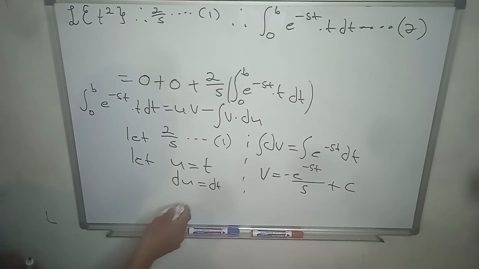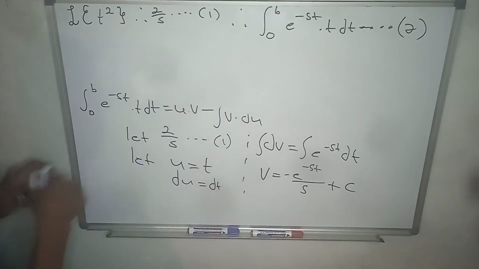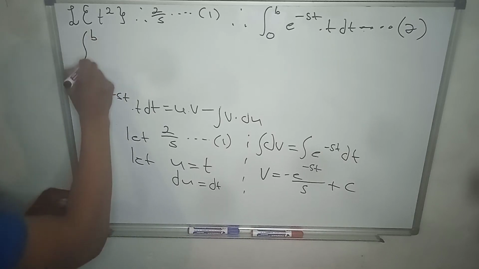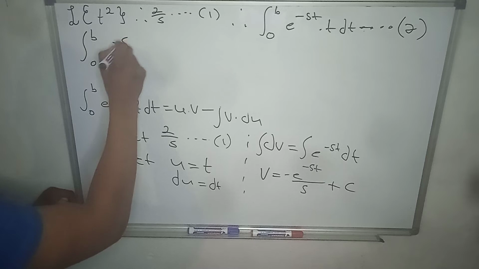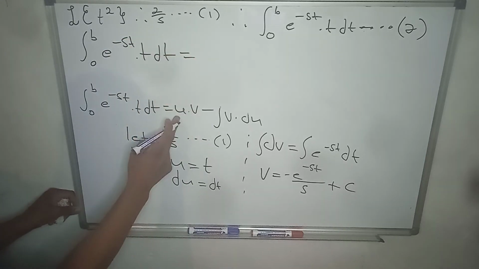So let's substitute this into our formula. We are going to have the integral from 0 to b of e^(-st) t dt. So what is my u?